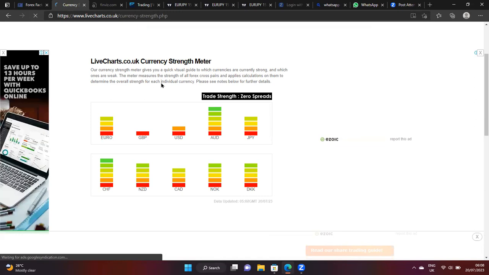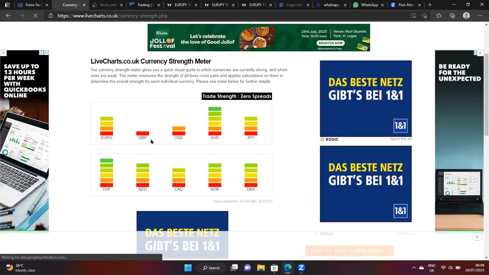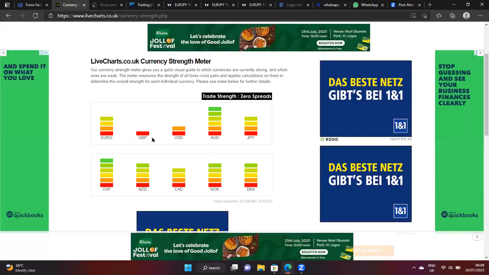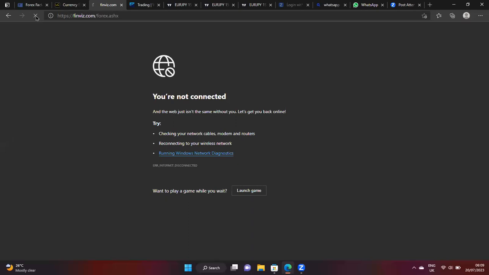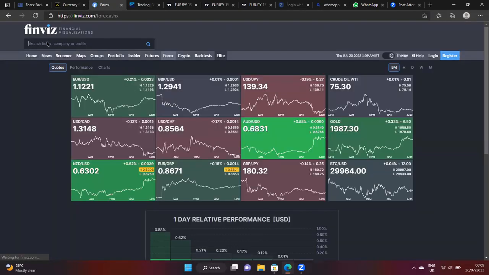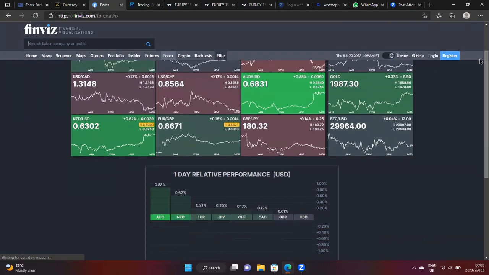This displays currency strength in the form of charts and tables, so it doesn't give you the ratio percent of currencies so broadly. So on the other side we have what we call Finbase, another site that breaks down these pairs.